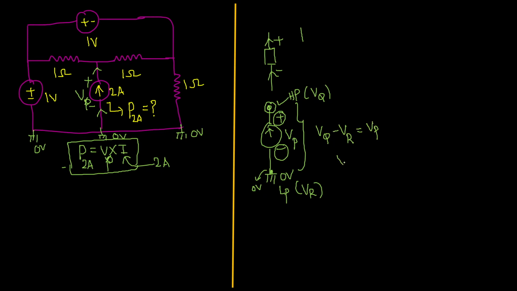Can I write like this? From this I can say voltage drop across the current source Vp equals higher potential value Vq minus the lower potential value, which is 0. So Vq minus 0. From this what we understand is that the voltage at this node is equal to Vp only. See, Vq and Vp are both equal. It means the voltage drop across the current source will be equal to the voltage at this node.